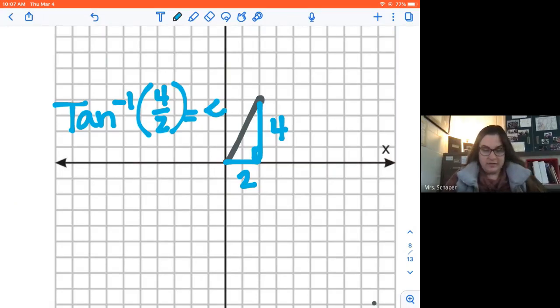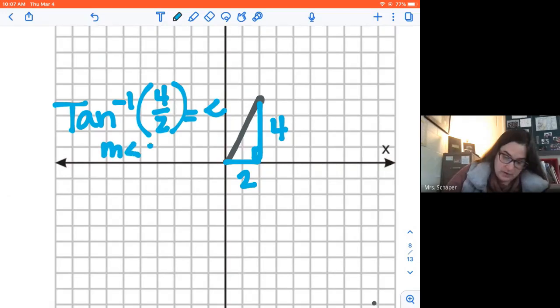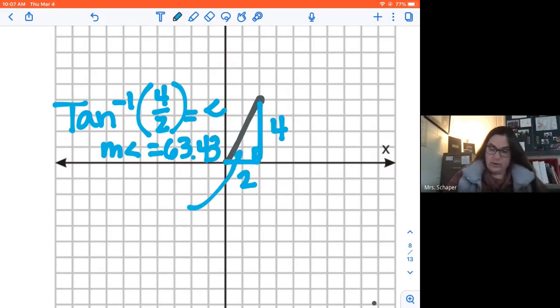So the inverse tangent of 2 is going to be, measurement of the angle is going to be 63.43. That's this angle right there. So here's the two ways that we can write it out.